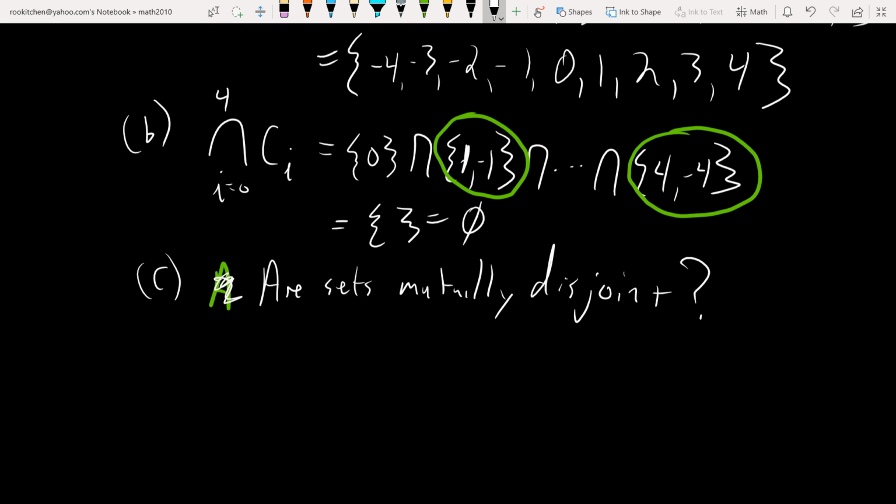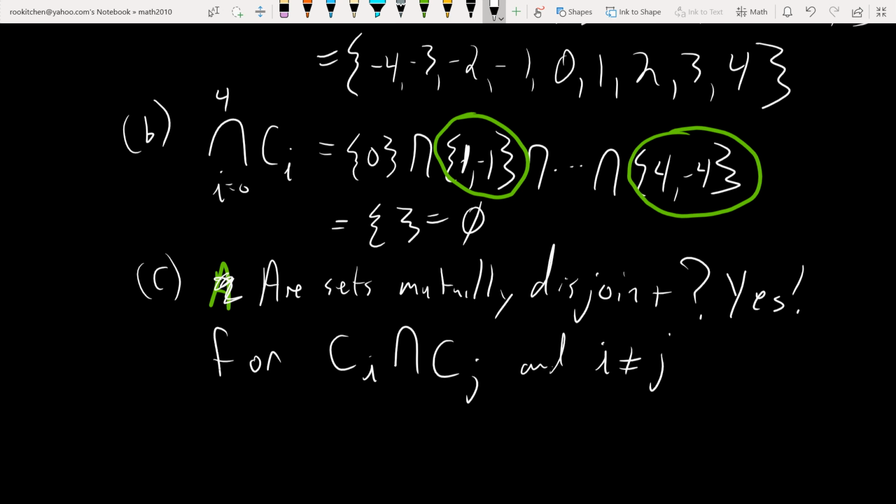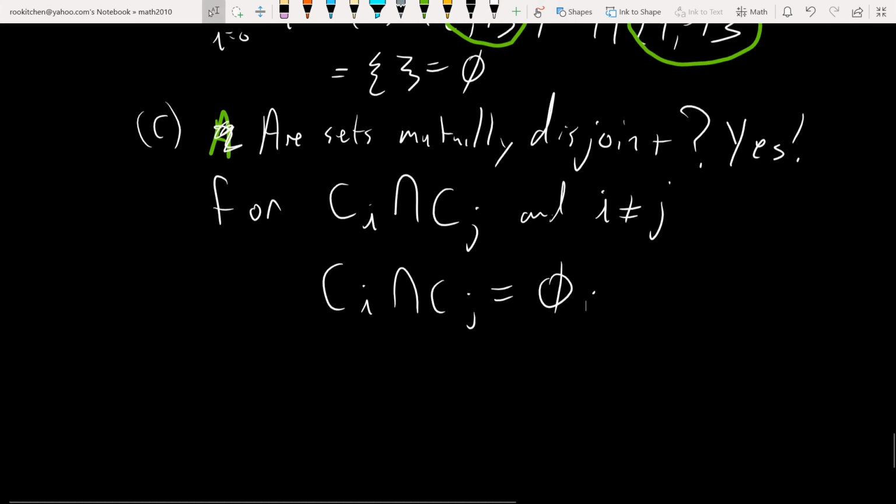And yes, they certainly are, because for any intersection of two sets, C sub I intersected with C sub j, with I not equal to j, C sub I intersect C sub j is the null set. It has to work for every possible pair of sets, and that's what they mean by mutually disjoint.